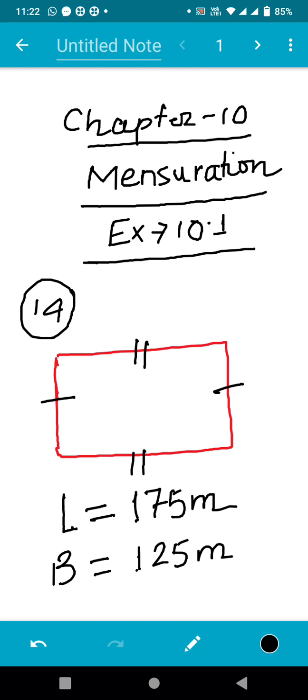Now we have to fence this entire rectangular park, that means we have to fence around the boundaries. So we have to see what is the total length of the boundary. To get that, what do we have to find out? We have to find out the perimeter of our rectangular park. So now let's go to the next page.